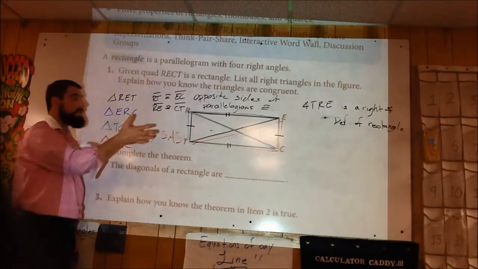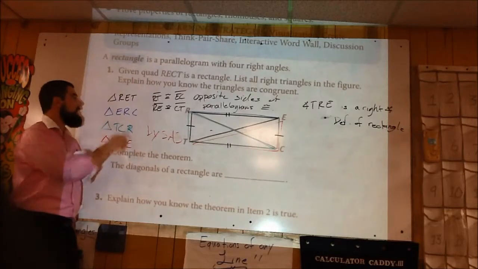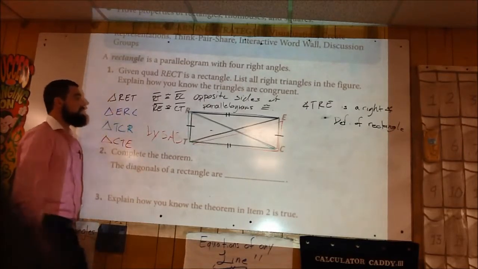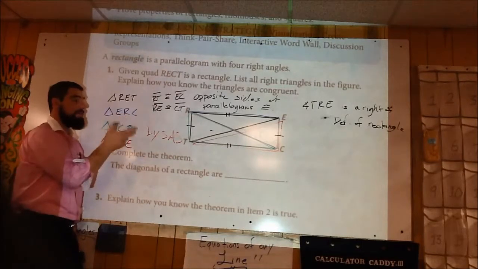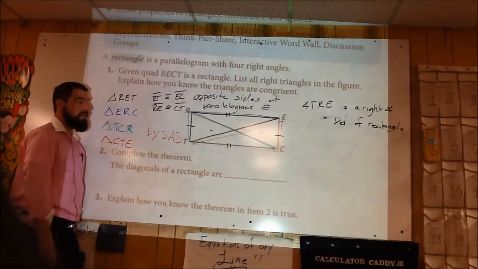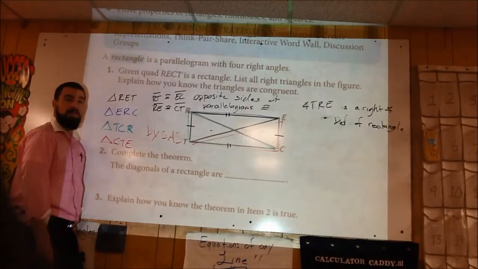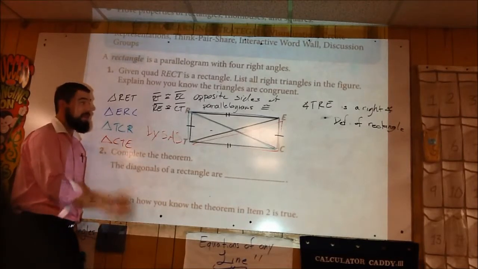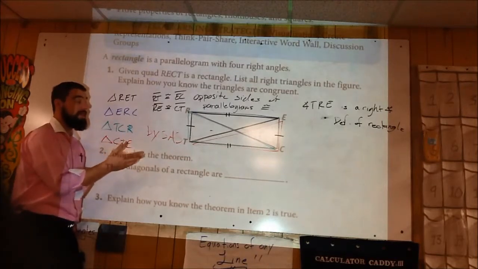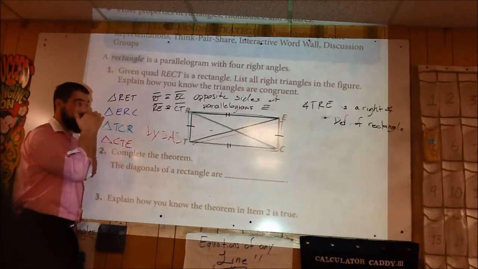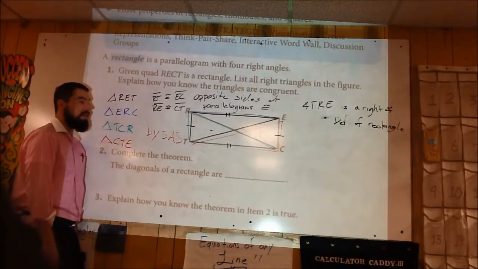So the reason I'm writing this is just in case you have a proof, and I give you a rectangle and I say, prove that triangle RET is congruent to triangle ERC. You would find the pairs of opposite sides that are congruent. That's because it is a parallelogram, so opposite sides of a parallelogram are congruent. And you know that this is a rectangle, and all four interior angles are right.